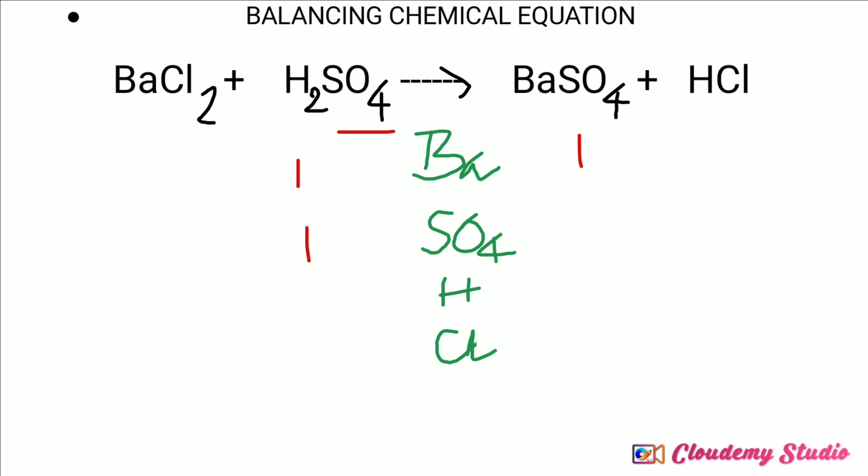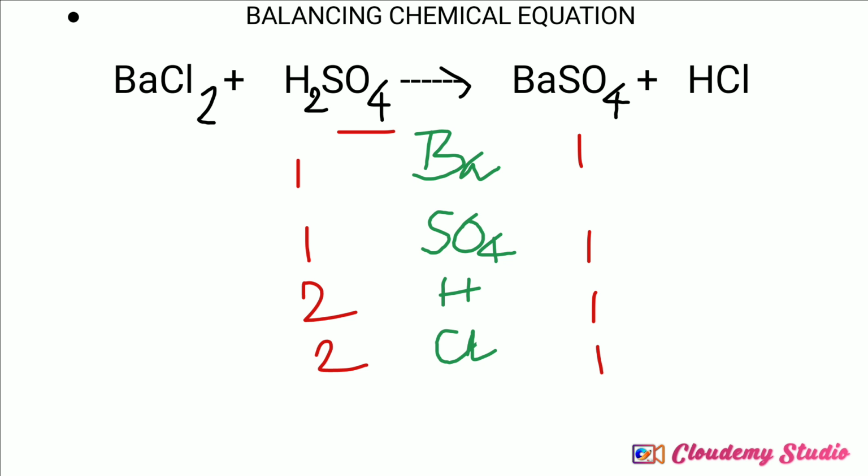Similarly, at the right hand side also it is only once. Hydrogen at the left hand side, two times, whereas hydrogen at the right hand side, only once. Chlorine at the left hand side, it is two times, but the right hand side, it is only one time.